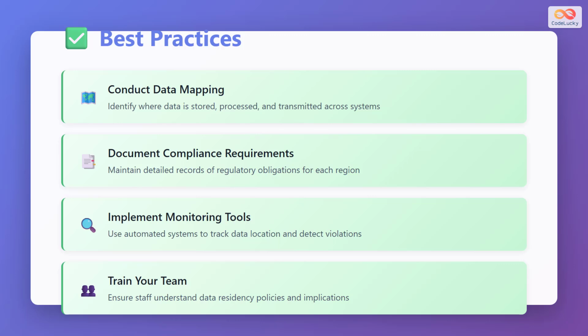Use automated systems to continuously track data location and detect policy violations in real time. Manual tracking is insufficient for modern distributed systems. Fourth, train your team. Ensure that everyone from developers to operations staff understands data residency policies and their implications. Human error is a common cause of compliance failures. By following these best practices, organizations can build robust data residency programs that protect against regulatory risk while maintaining operational efficiency.